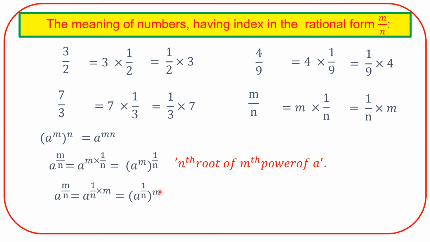Now how to write this in another way? The mth power of the nth root of a. Write it down. Now we write down some examples and then we solve practice set 3.2.